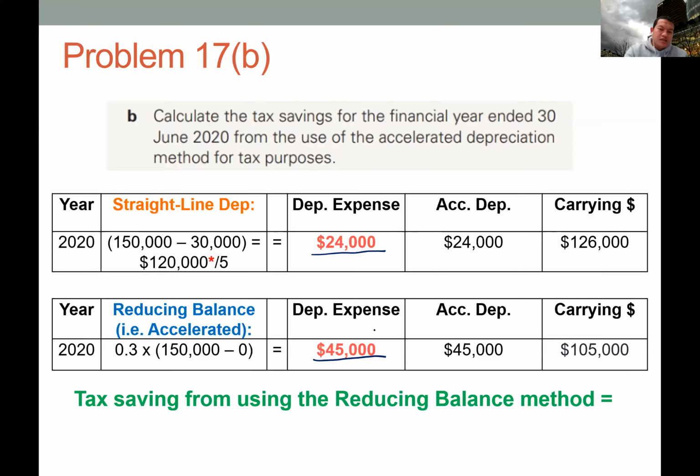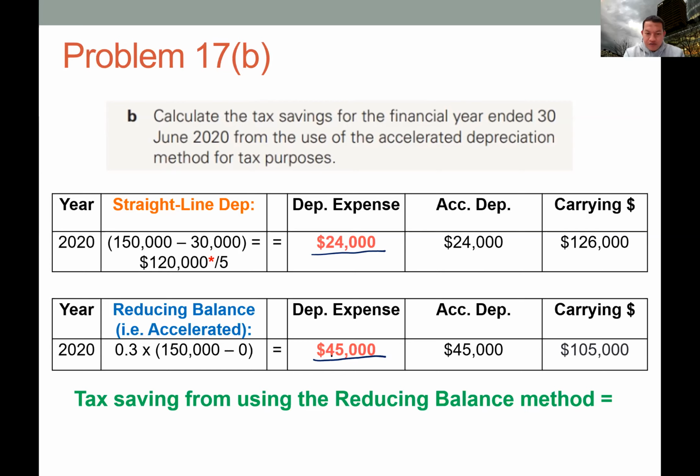Because of this difference in depreciation expense, the company will also report different income figures for commercial purposes and tax purposes. Obviously the income for commercial purposes is higher because of the lower expense, and the income for tax purposes is lower because the expense is higher.